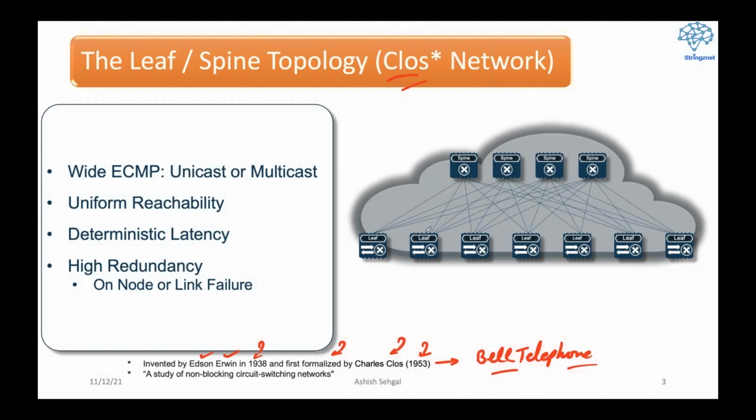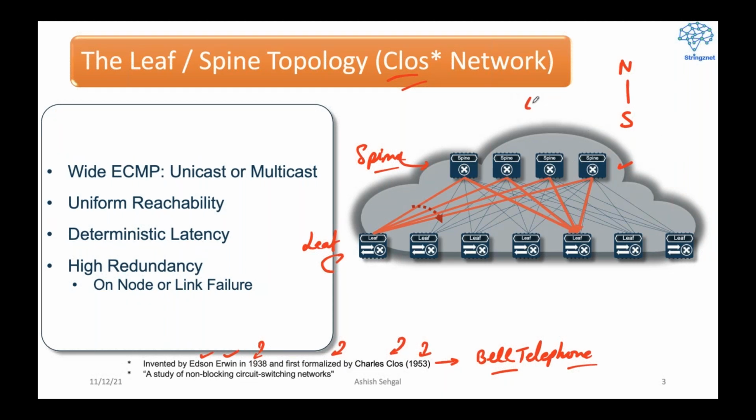This is a topology wherein, by virtue of its connectivity, there is no scope of having any layer 2 loop. Why? Because this particular topology has a two-tier architecture: the upper layer devices, which are known as spine switches, and the lower layer devices, which are known as leaf. They are connected just north to south.